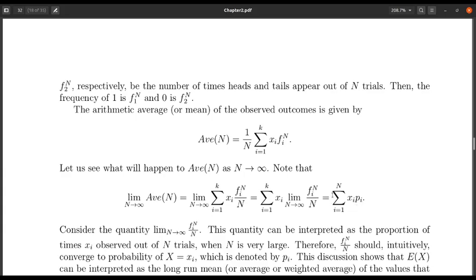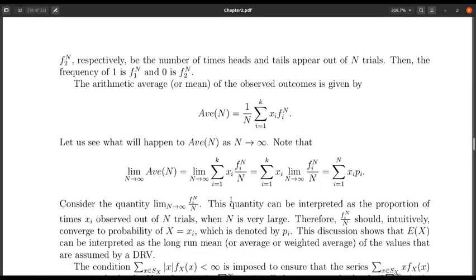This quantity in general is called the expectation of x. So expectation of x is the long run average of the values that are assumed by a random variable.